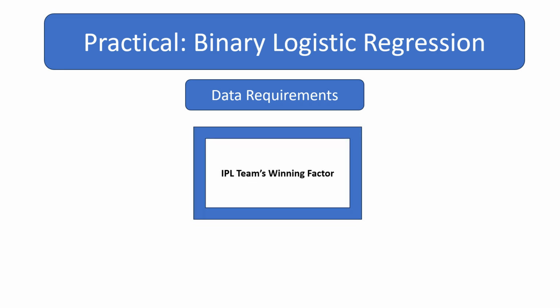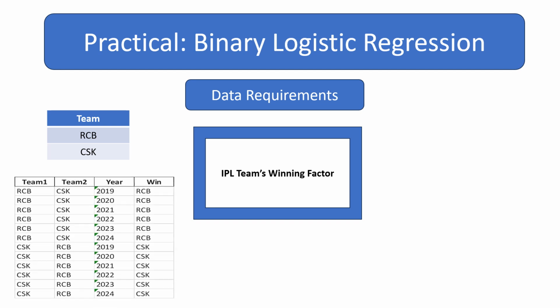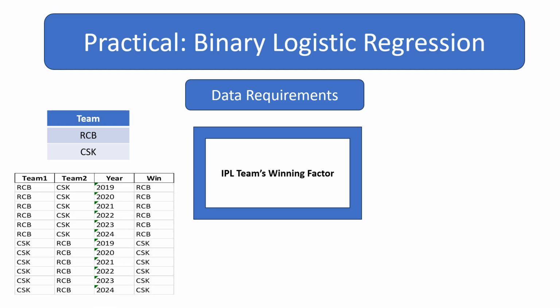There are many teams that participate in the IPL tournament, but for our example, we are just taking two teams. They are RCB and CSK. We have data which is related to only these two teams. Say, Team 1 RCB, Team 2 CSK, year 2019, and RCB 1.